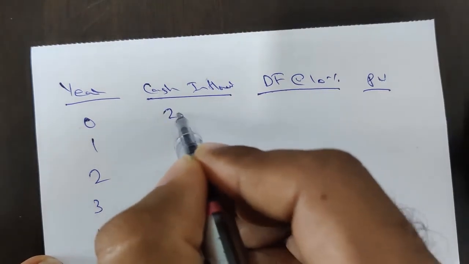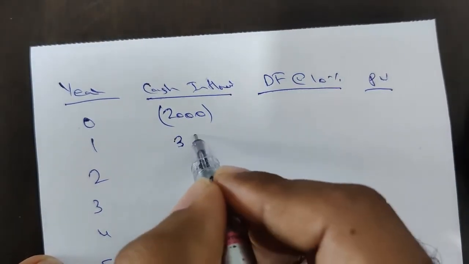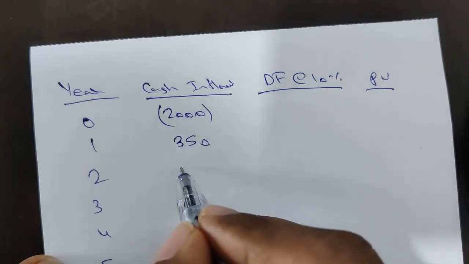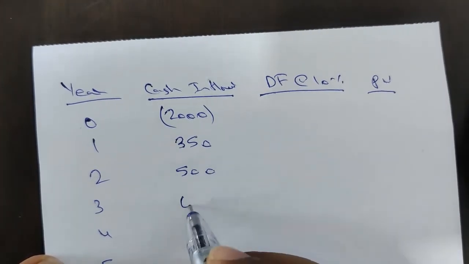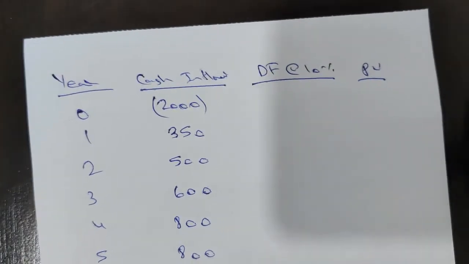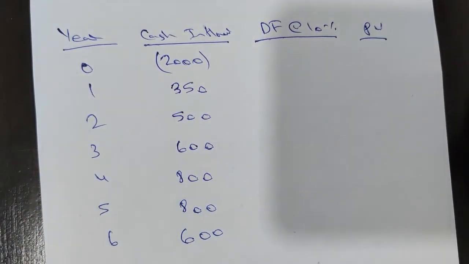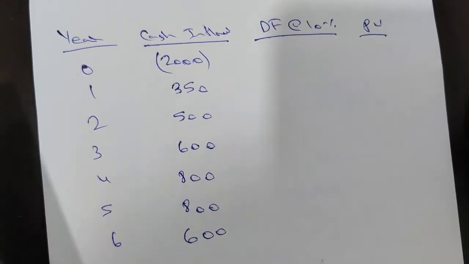What was our net outflow? 2000. Inflow is 350, 500, 600, 800, 800, and again then 600. So both these things are given. What we have to calculate is just the discounting factor.